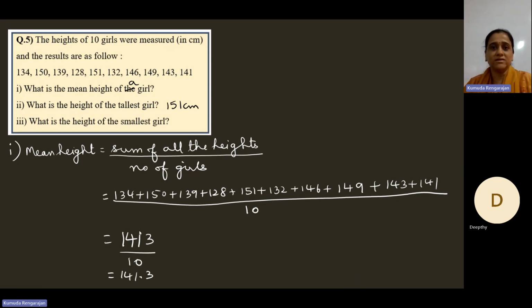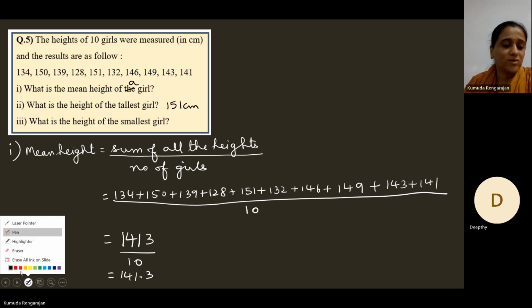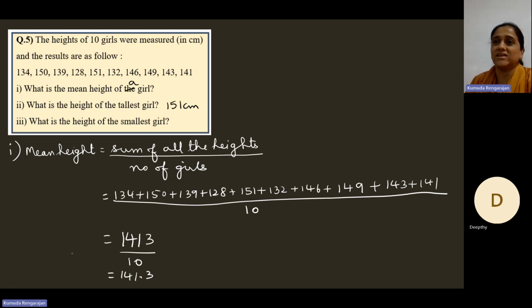What's the height of the shortest girl? 128 centimeters. So the mean of this data is closer to the height of the tallest girl, right?